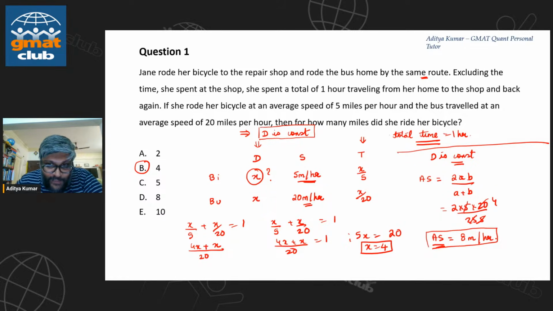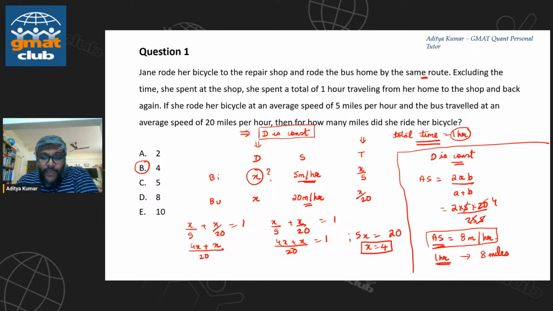So coming back to what I was saying, the average speed here is 8 miles per hour. That's, remember, for the entire journey, up and down. And I know she's traveled a total time of 1 hour. So if my average speed for the entire journey is 8 miles per hour and she's traveled up and down for 1 hour, that means the total distance is 8 miles.